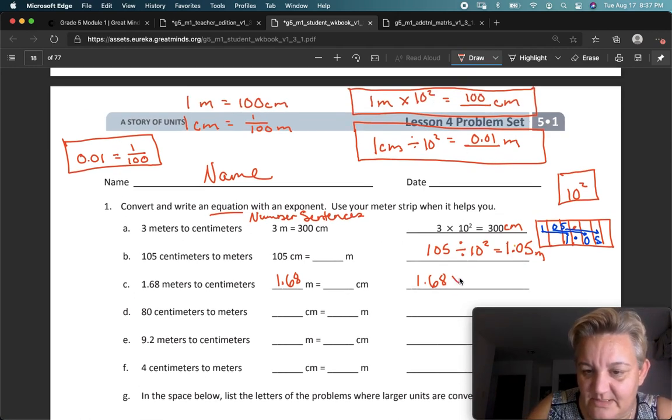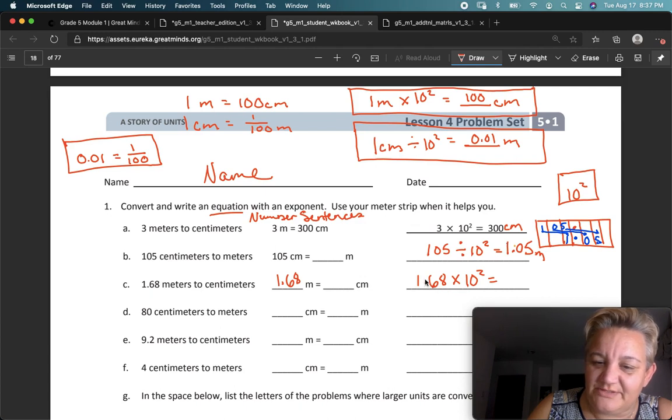That means I'm going to multiply by 10 squared, and it's just the opposite. If you still need the place value chart, please use one. I'm not going to use one. I'm just going to move that decimal point over 2 spaces. 1, 2. And my answer is going to be 168. Okay, and my answer here is 168.